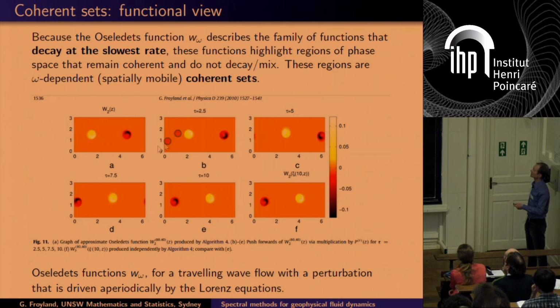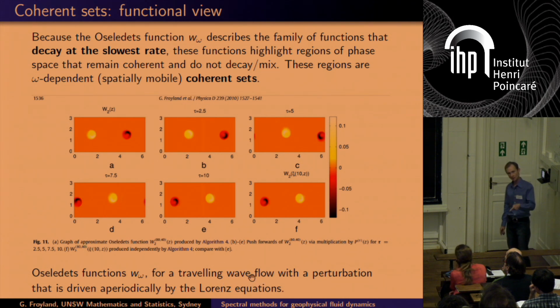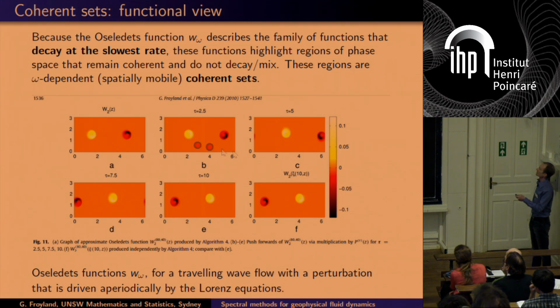So here is a plot of, so there's a cylinder, so the left and right edges are periodic. We are driving this by the Lorenz equations, so in the background you have the Lorenz equations driving this nonlinear cylinder flow.